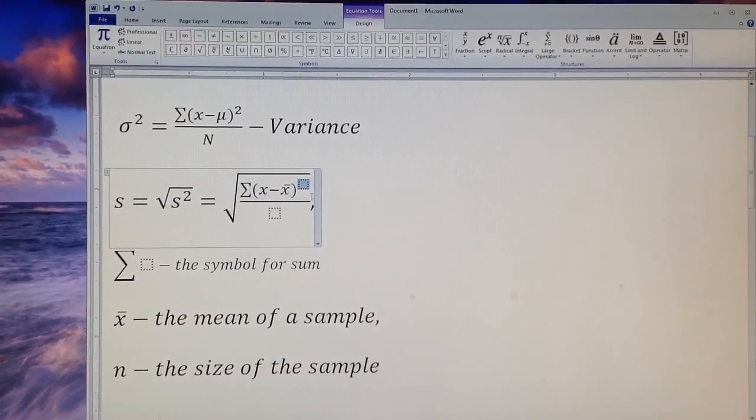Place value for exponent, you put 2, and then you divide by n-1. I also like when students present in their work what each symbol is. Sigma is a symbol for sum, x bar is the mean of a sample, and n is the size of a sample. Have a very good week.